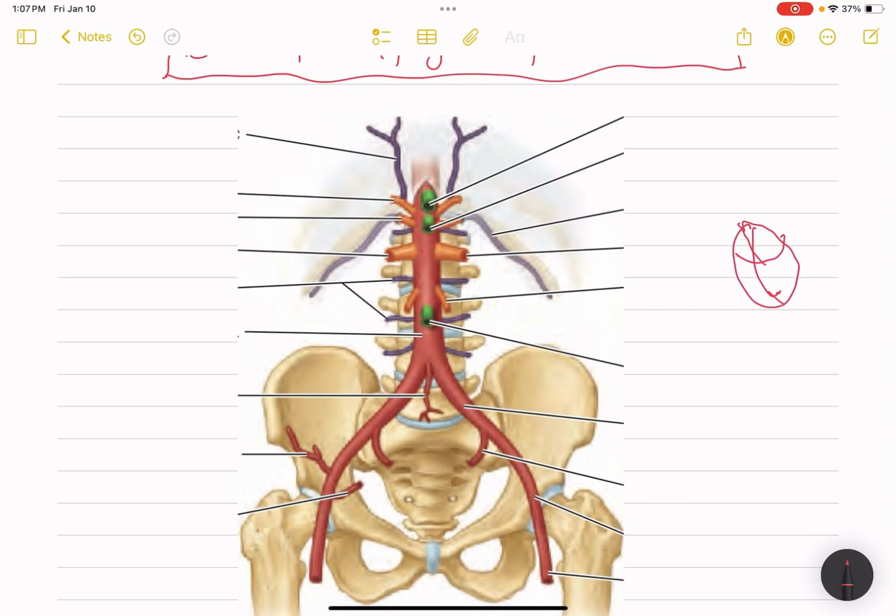From here comes the circulating artery, the aorta. This whole part is the aorta, so don't get confused, this is the aorta.